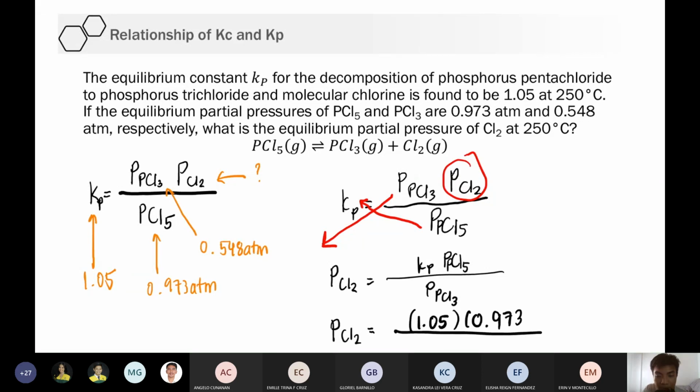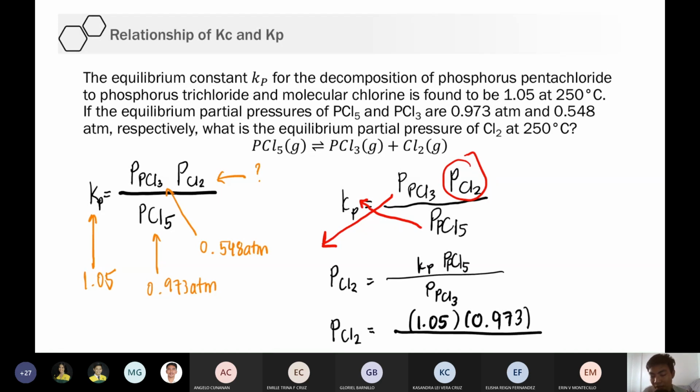That is 0.973 atm. Pero sabi ko kanina, when solving for equilibrium constants, do not write the unit. Wag mo muna isulat yung units. Sa dulo mo na ilagay. Kasi ito yung thing with equilibrium constants. The unit will never cancel out, no? Ganun kasi talaga.